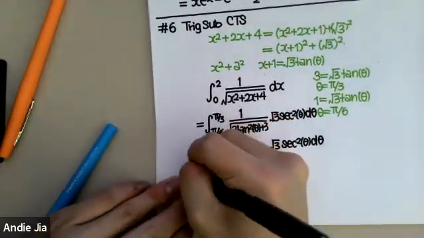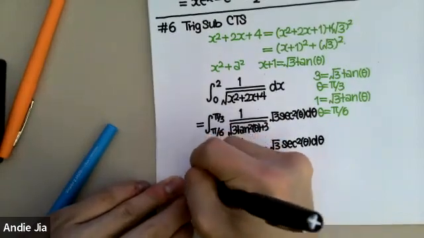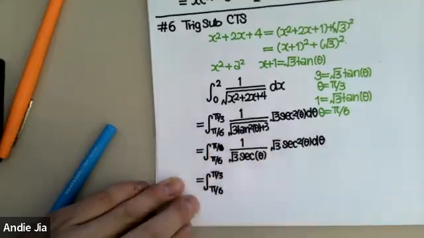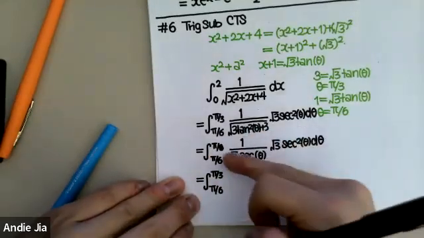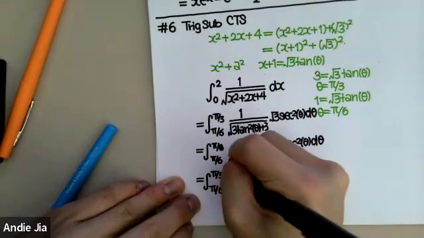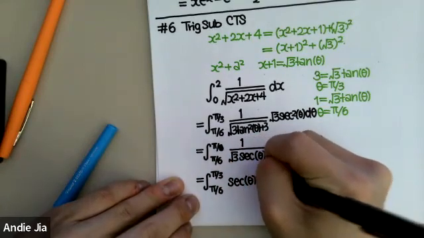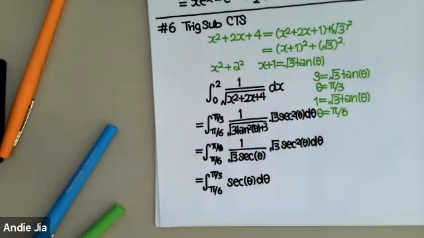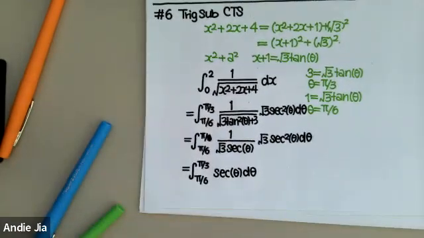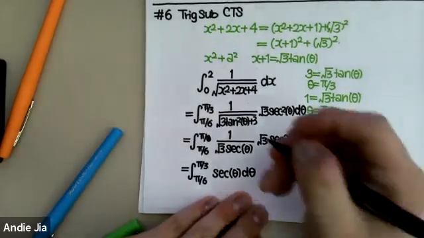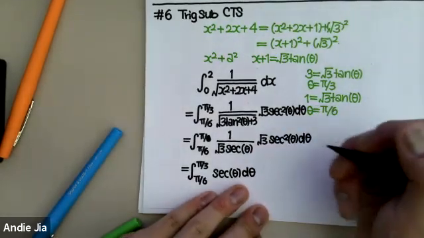And it's going to be pi over 3, pi over 6, with secant theta canceled here. Now you just do the antiderivative, the secant integral, and you just do a U substitution here.